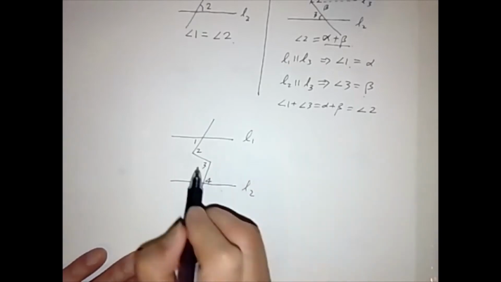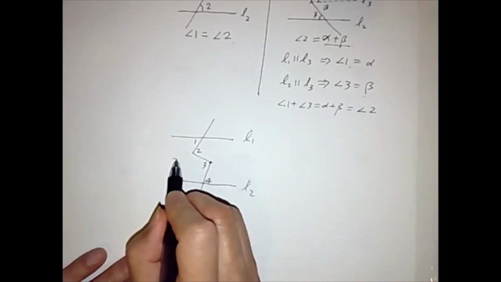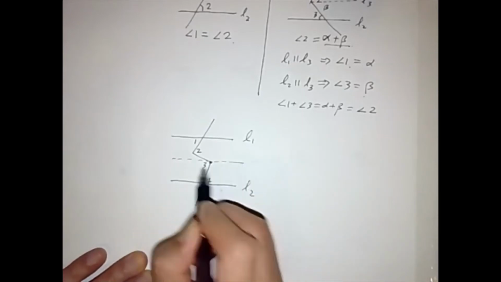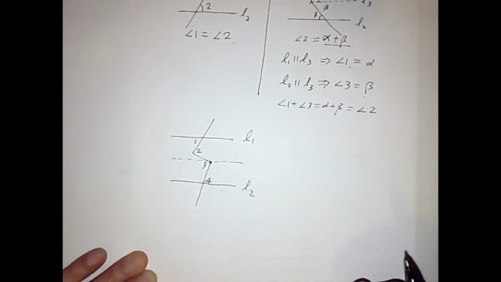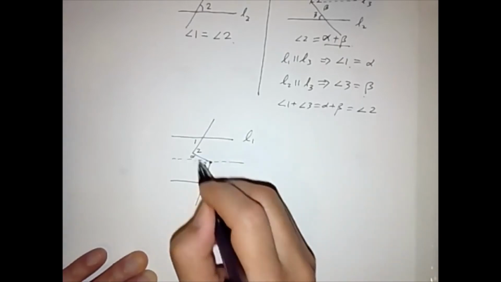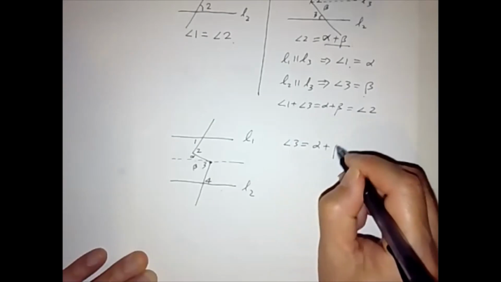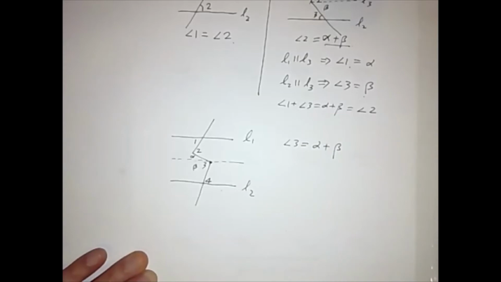This time, I introduce a parallel line through the vertex of angle 3. Angle 3 is separated into two parts. The top part is called alpha, the lower part is called beta. So angle 3 is alpha plus beta.